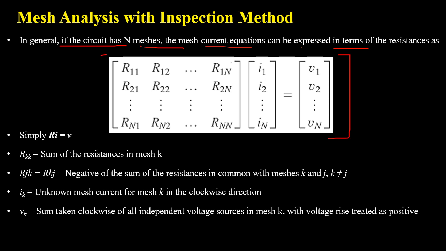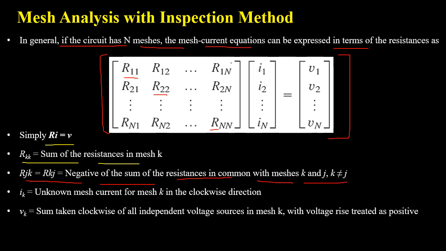Or its simplified form will be R I equals V, where Rkk, the diagonal terms of the R matrix, represent the sum of resistances connected directly to mesh K, whereas the off diagonal terms, which are Rjk or Rkj, will be equal to the negative sum of resistances common between the mesh which you are analyzing and all the other meshes.